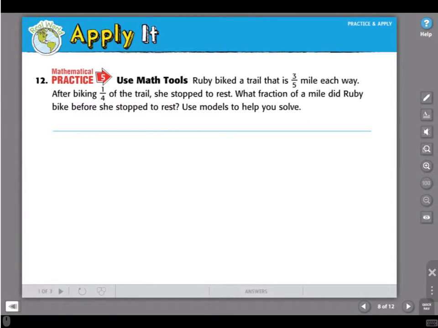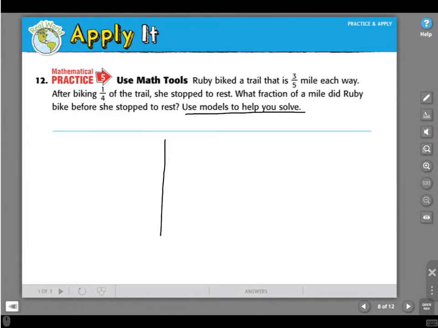Let's see if we can use what we've learned with a word problem. Here it says Ruby biked a trail that is 3/5 mile each way. After biking 1/4 of the trail, she stopped to rest. What fraction of a mile did Ruby bike before she stopped to rest? Use models to help you solve.